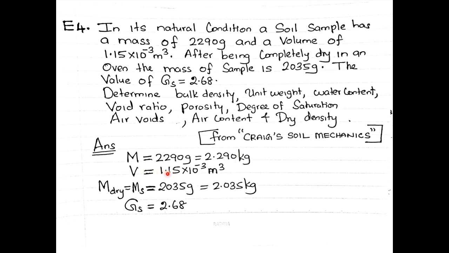Volume is equal to 1.15 into 10 to the power minus 3 meter cube. Dry mass or MS, after oven drying, is 2035 gram. GS is equal to 2.68. These are the data.